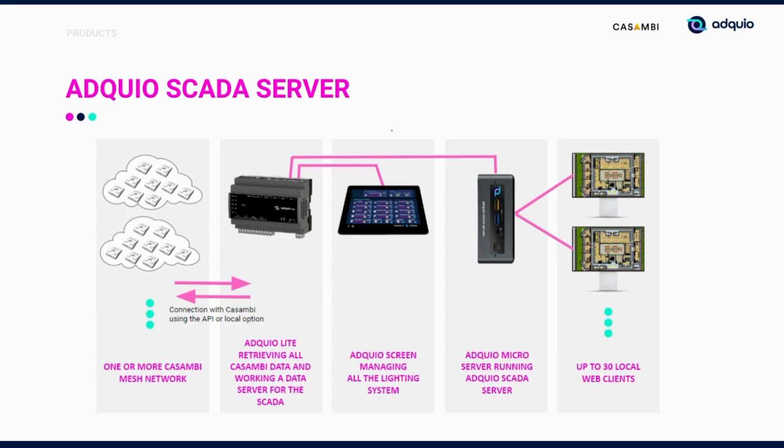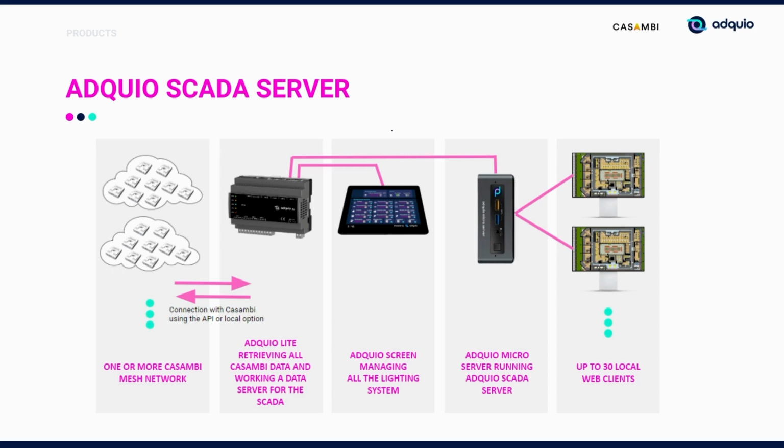Next, we will see the architecture that we will use for the presentation from right to left. First, you can see one or more screens in which we will visualize the SCADA. This screen will be served by an Adquio microserver running the Adquio SCADA server software.